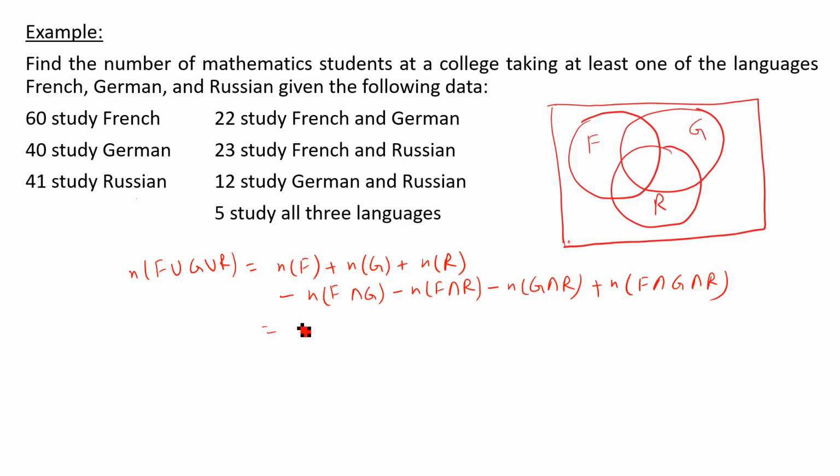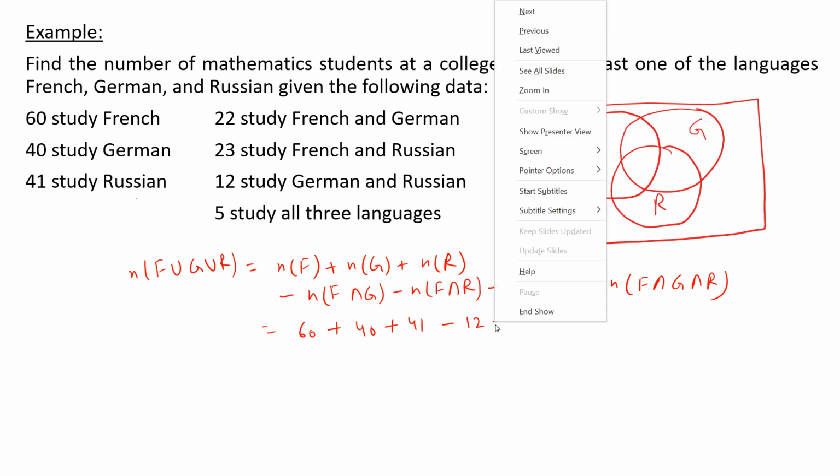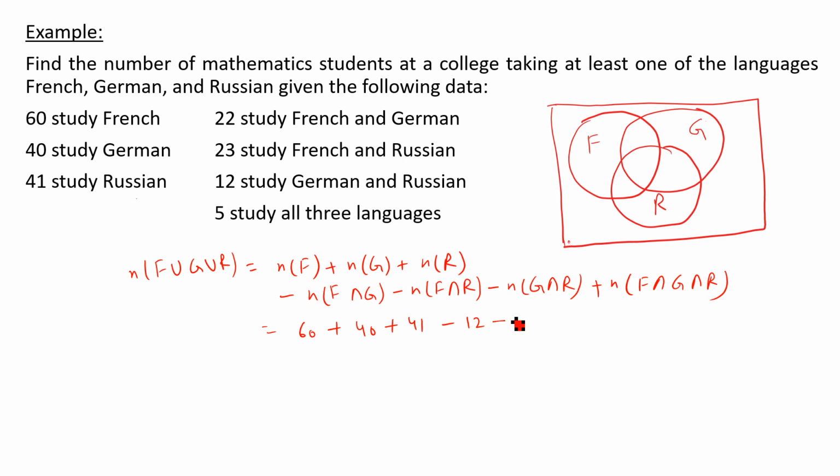So the number of students who study French is 60, German 40, and Russian 41. Minus G intersection R is 12, and F intersection R is 23, and F intersection G is 22, plus 5.